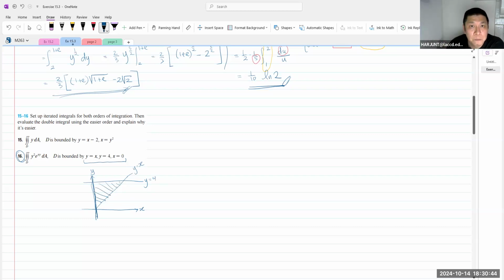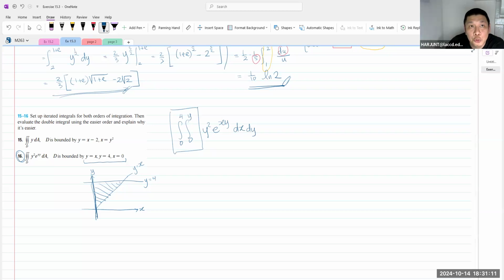How do we set it up? The first option is y from 0 to 4 and x from 0 to y of y squared e to the xy dx. Take a look at how we set up the double integral.